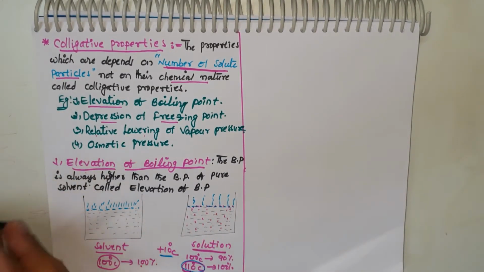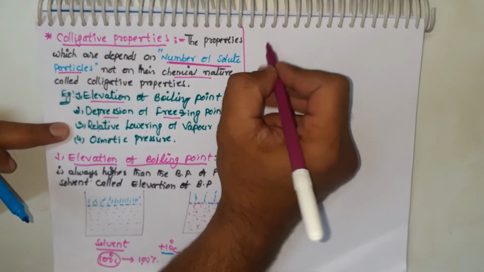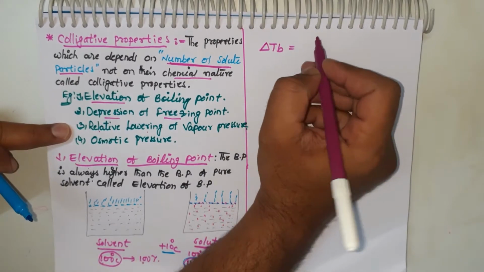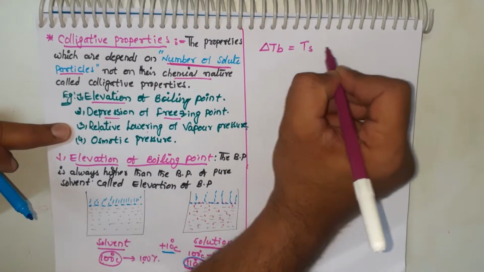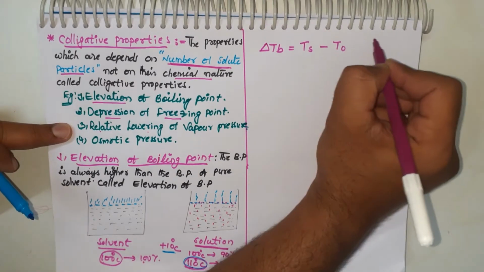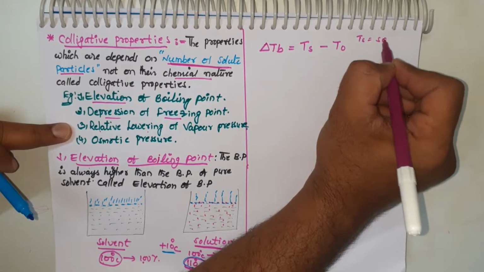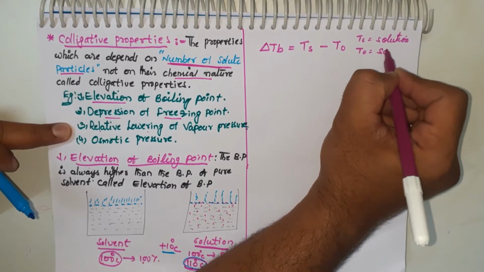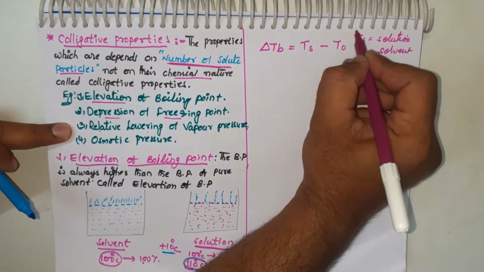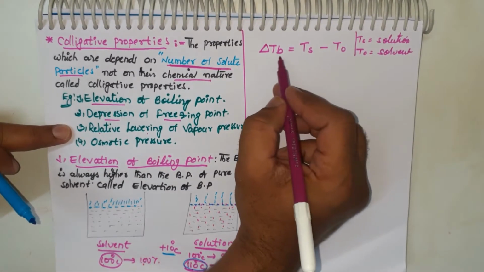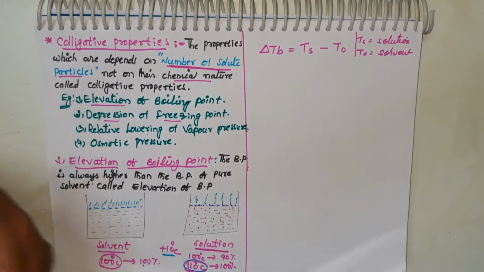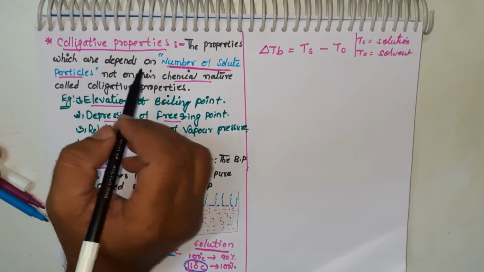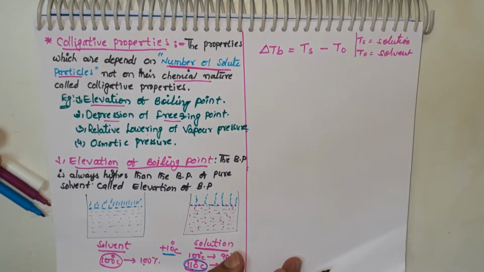We show this as delta Tb, the temperature difference between the solution and the solvent. Ts is the solution that contains solute, and T0 is the pure solvent, that is pure water, we assume. The delta Tb value, the elevation of boiling point, depends on the number of solute particles because it is a colligative property.